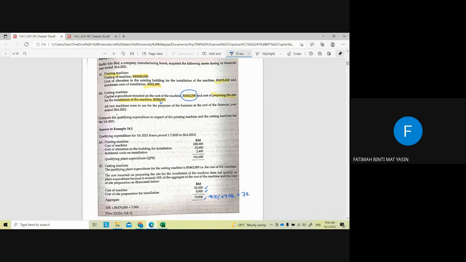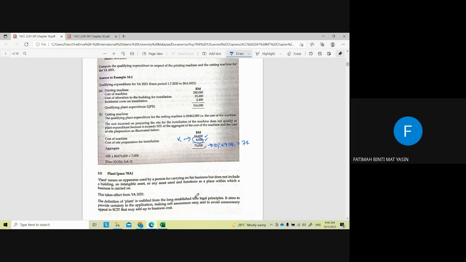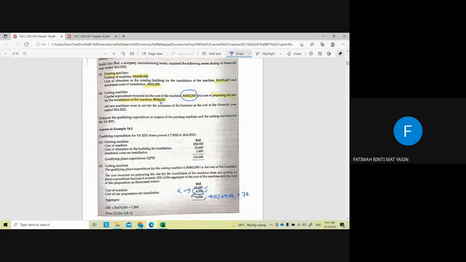Okay, so if you compare 7,000 and also 8,000, which one is higher? 8,000. So it means that the expenditure that the company incurred here already exceeds 10% of the aggregate expenses that we have here. Okay, so it means that this one cannot be considered as QPE. So it means that the QPE for this cutting machine is only 62,000.